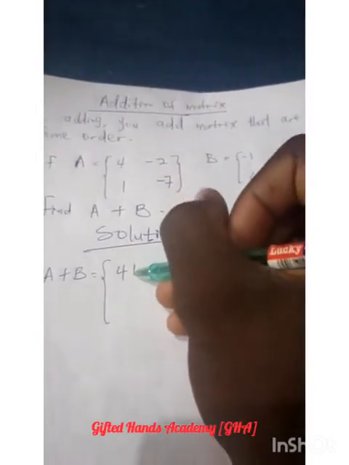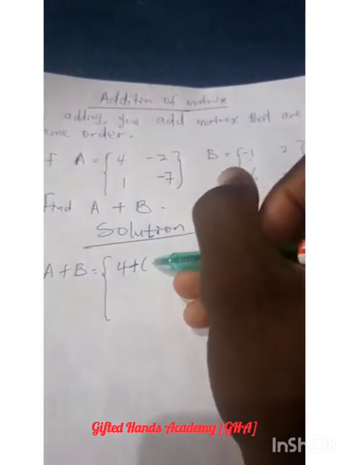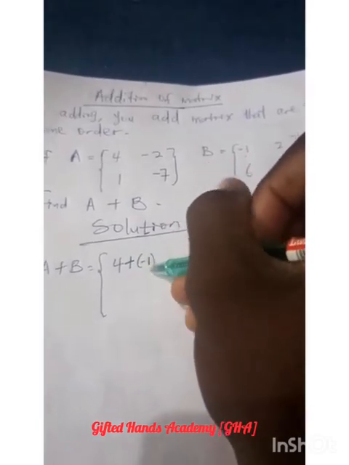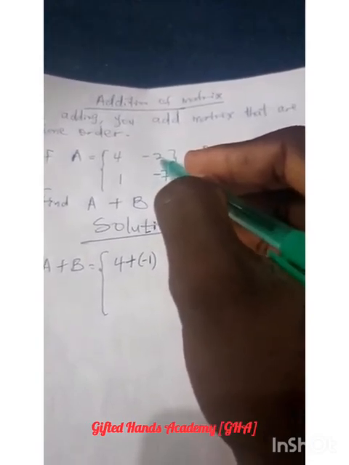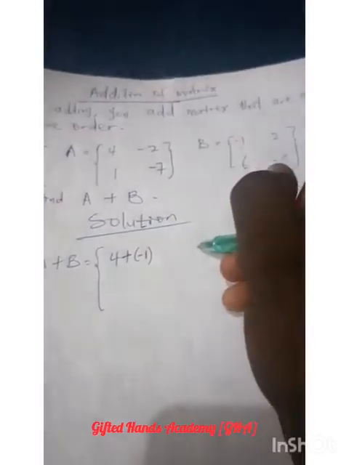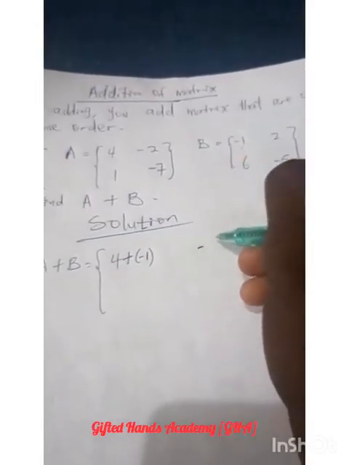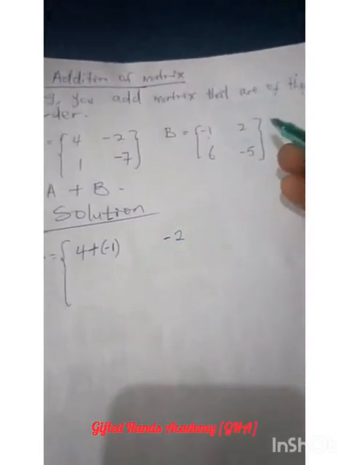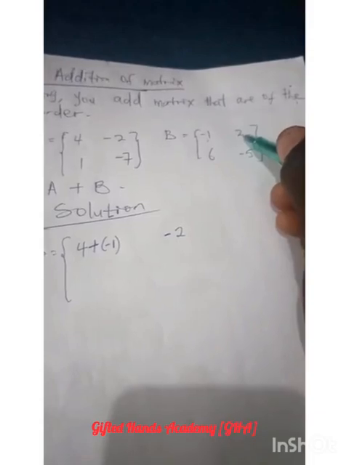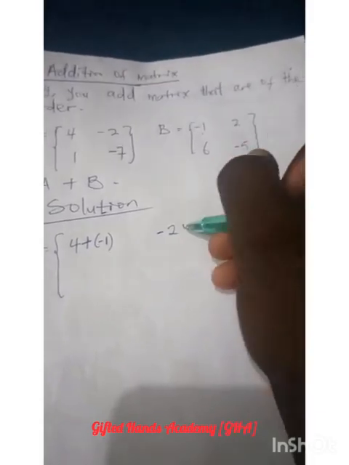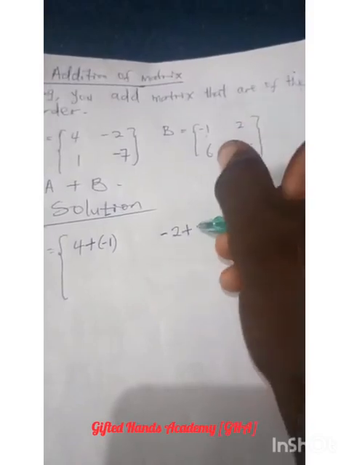So this is 4 plus, because of that minus, I'll put it in bracket, minus 1. Then I'll move to the next number on the same row, which is minus 2. Alright, here I'll give a little space. So this is minus 2. Then I'll come to B as well for the next number. So that's minus 2 plus 2, I'll write it.